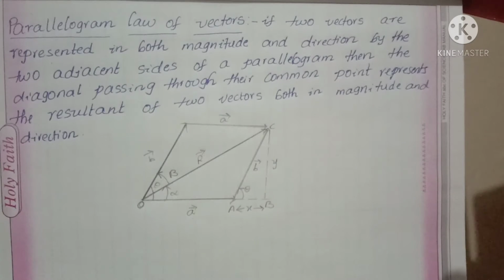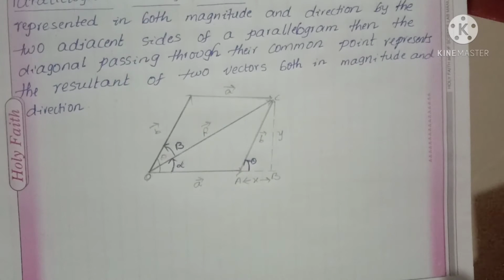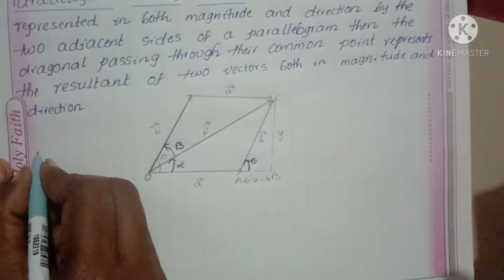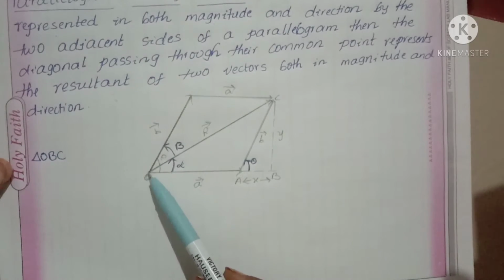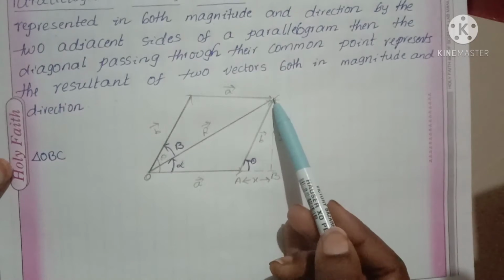Now we will start the derivation. First, we can see how many triangles are here. First I am taking the triangle OBC.